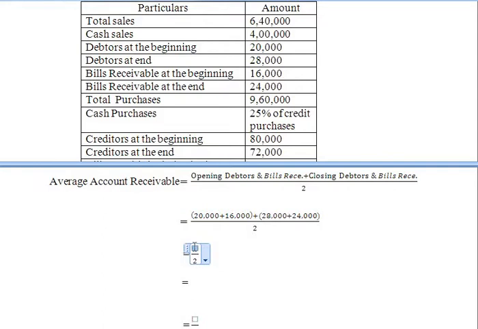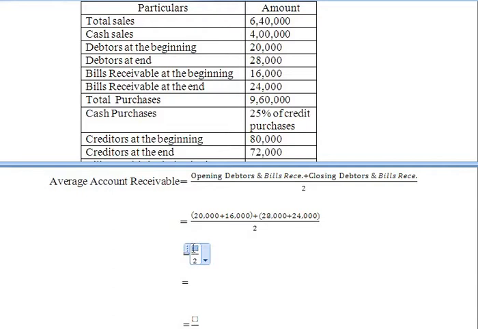Now here we will be taking direct answer. You know this step. So 20,000 plus 16,000, how much will it be? 36,000. Next 28,000 plus 24,000, so it is 52,000.